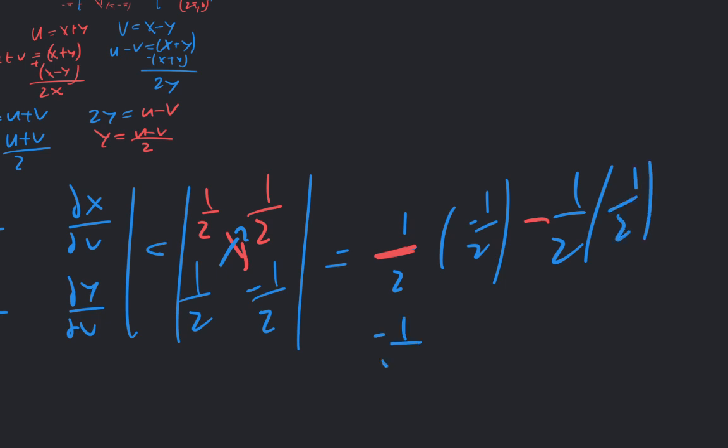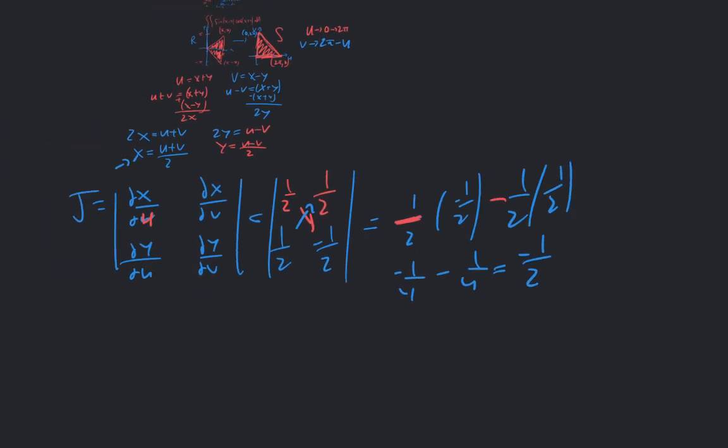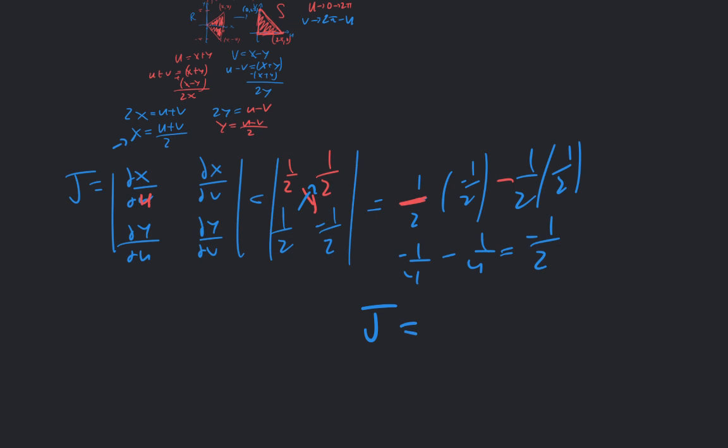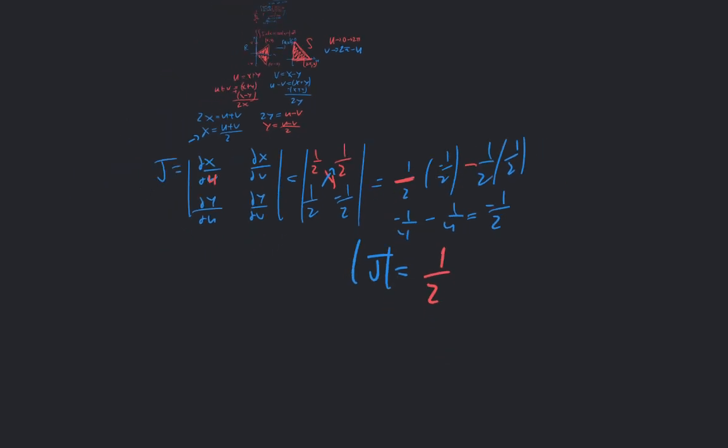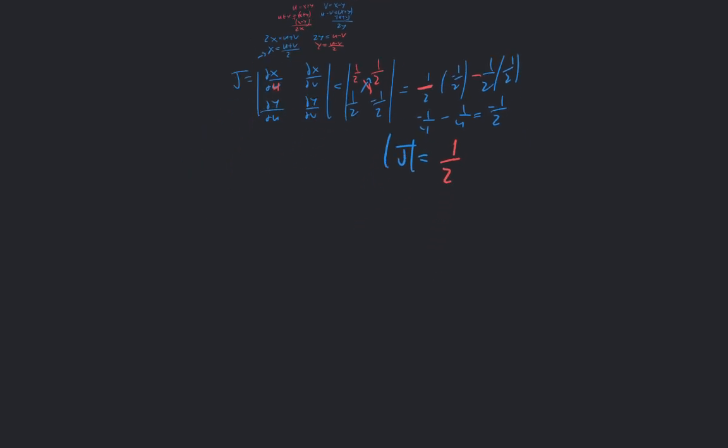That's negative 1/4 minus 1/4 is equal to minus 1/2. But when we use a Jacobian, we use the absolute value, and that's equal to 1/2. So now we're ready to set up our integral.